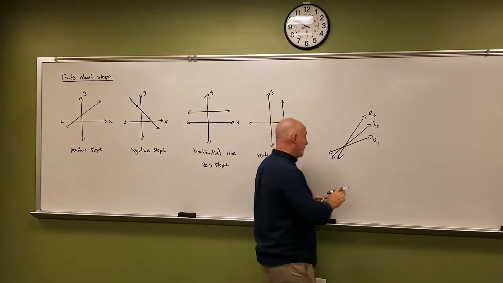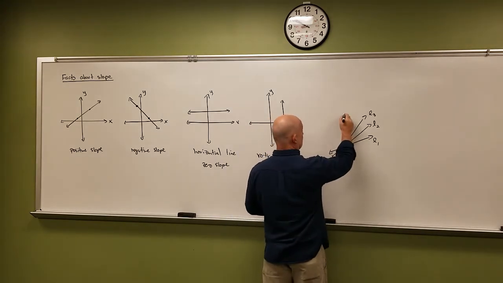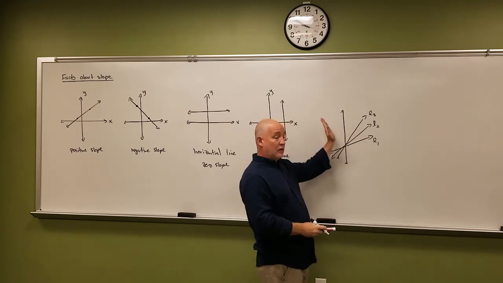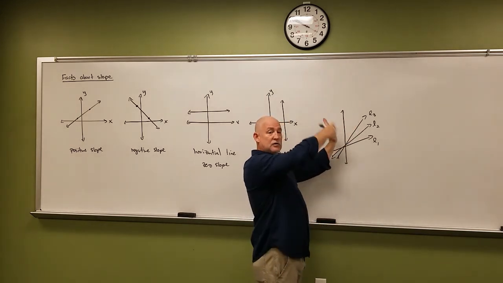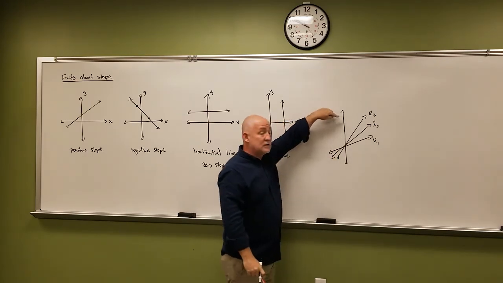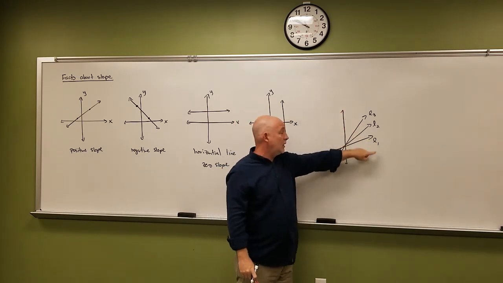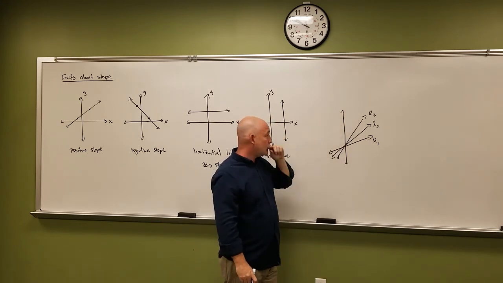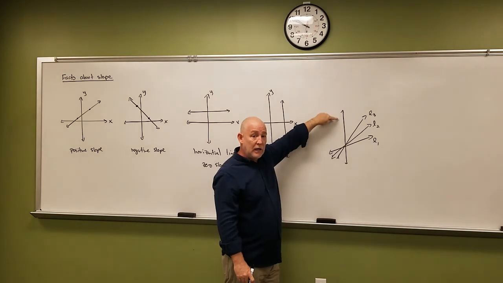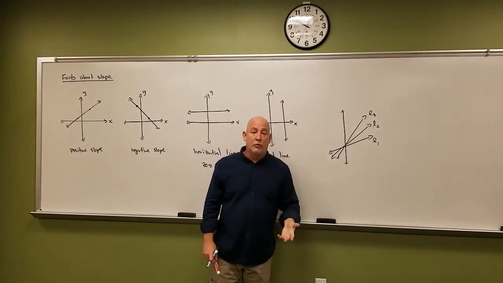Now I can keep doing this all day until I get to, I'm gonna try, a vertical line, right? I can keep making it steeper. Now if I go any farther, I'm actually making it less steep, just in a negative kind of direction here. So this line right here is steeper than any other line that I could possibly draw, which means the numeric value of this line has to be bigger than any other possible number.